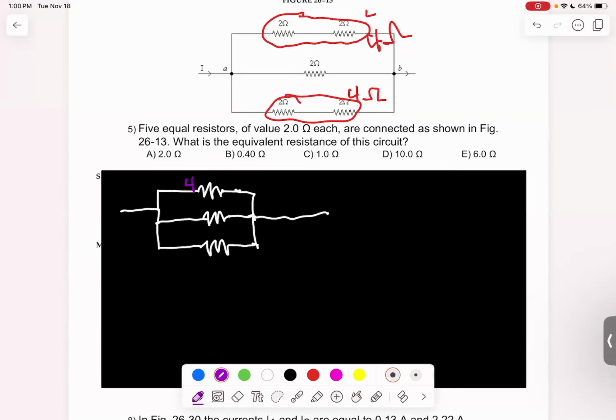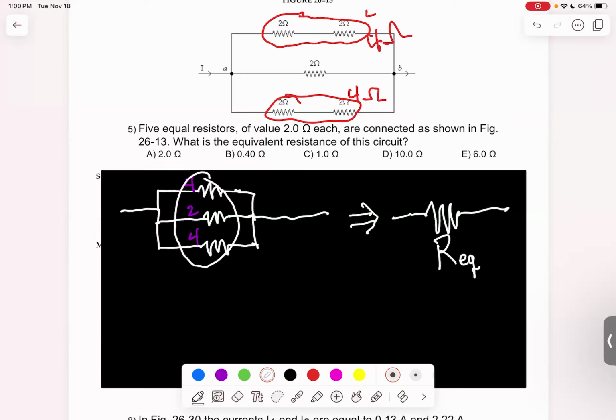We have 4 ohms, we have 2 ohms, and another 4 ohms. Now these three are in parallel with one another. And our goal at this stage is to make one big resistor from those three, and we'll call that REQ.